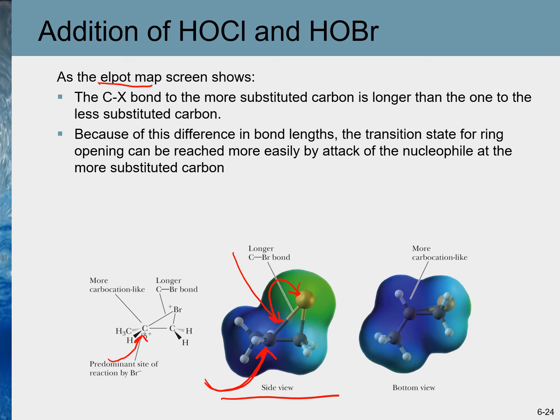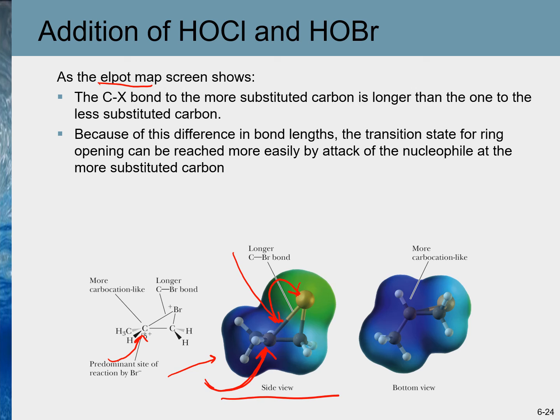Secondly, it is also evident that the more substituted carbon has more positive charge around it as shown by the blue color, which represents the lack of electron density around it. We can also recall that alkyl group stabilized carbocation in the resonance contributing structure was more stable, or it was a more contributing structure.